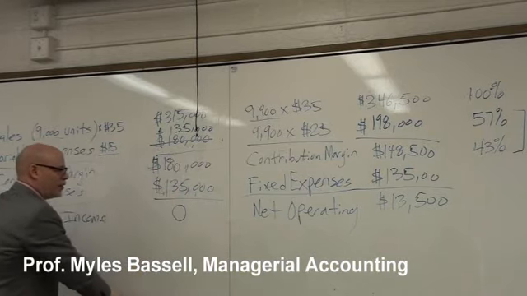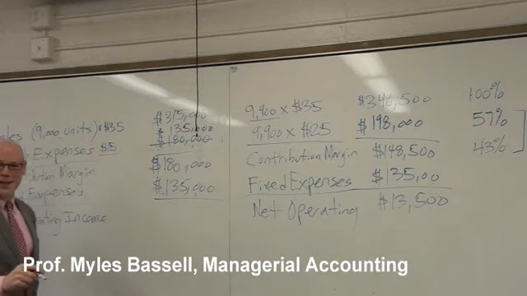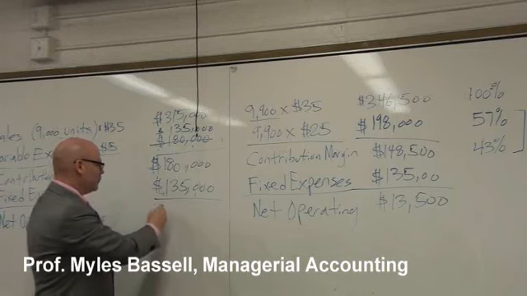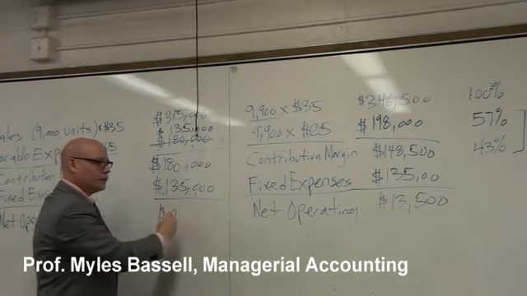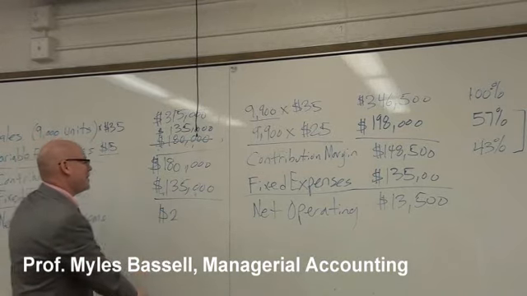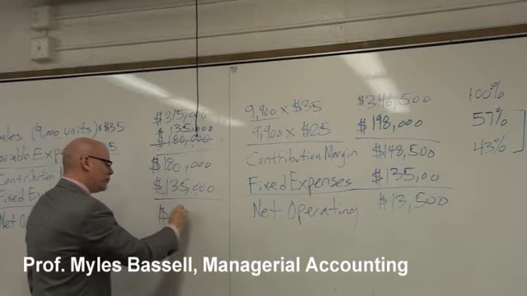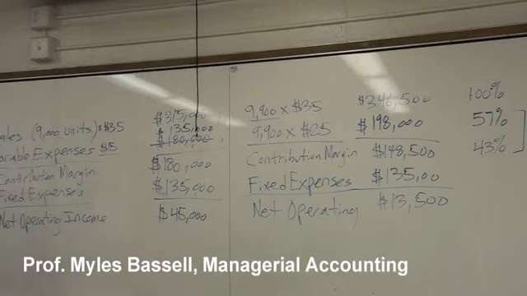And what is our fixed expense going to be? 45. And so what is our net operating income going to be now? 45,000? $45,000.